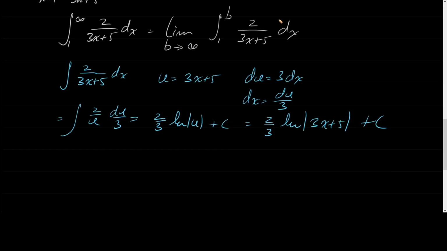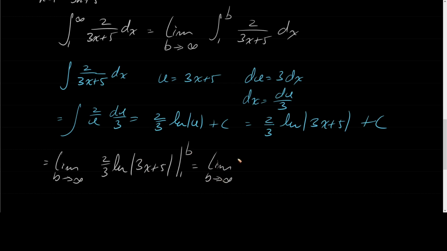Let's plug in our bounds now. What we get is the limit as b goes to infinity of 2/3 ln of the absolute value of 3x plus 5, evaluated from 1 to b. So that gives us the limit as b goes to infinity of 2/3 ln of the absolute value of 3b plus 5, minus 2/3 ln of the absolute value of plug in 1: 3 times 1 is 3, plus 5 is 8, ln of 8.